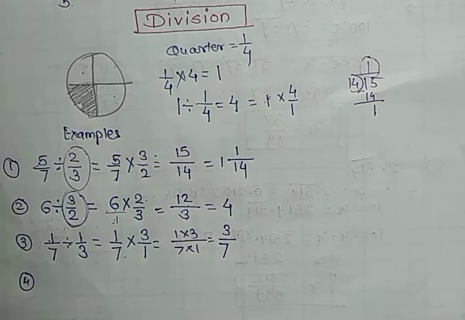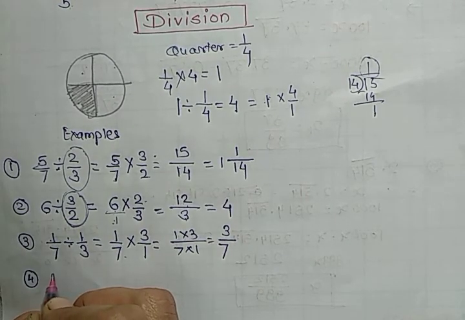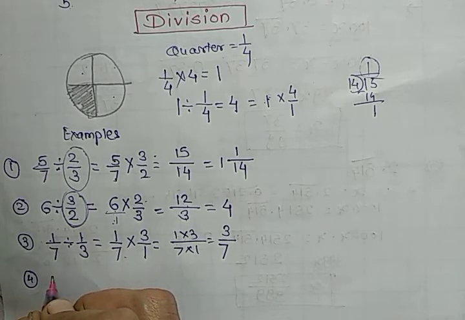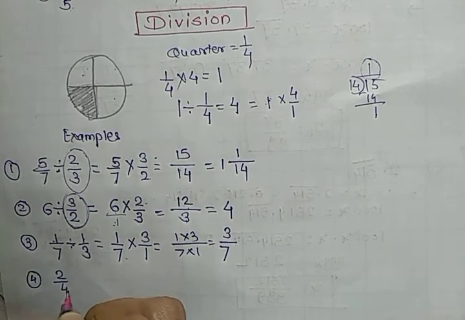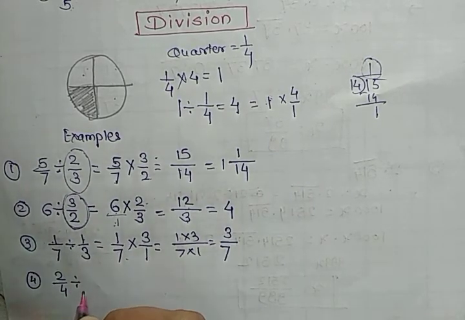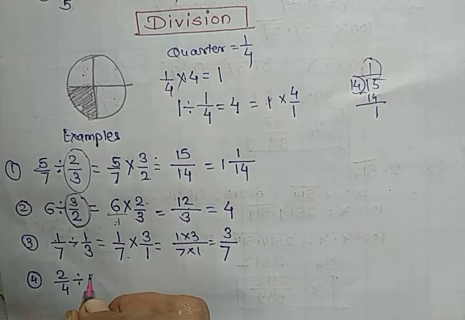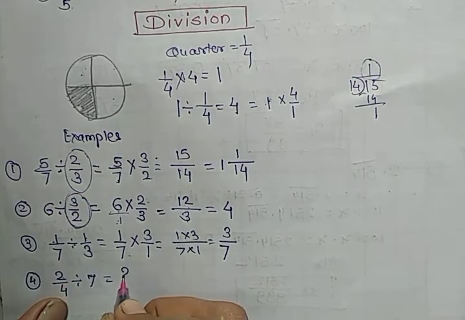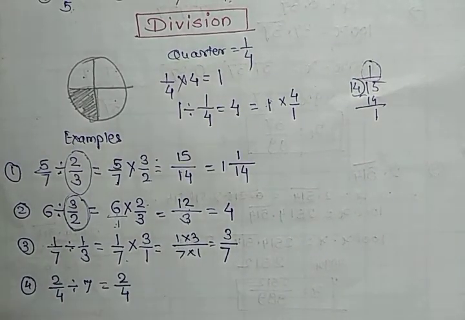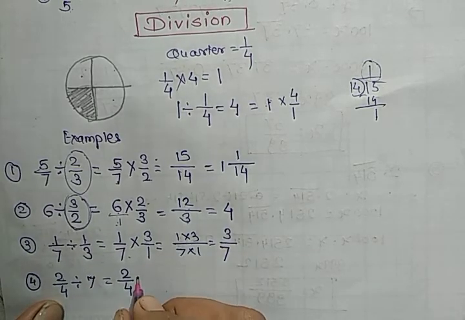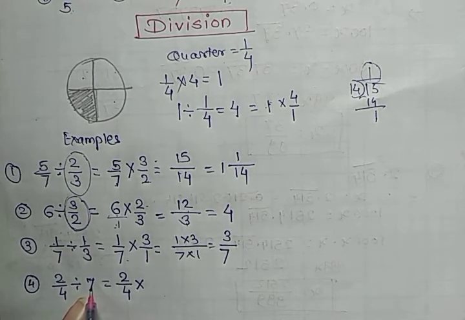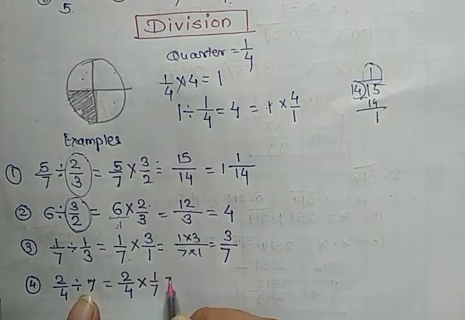Let's see the fourth example. 2 upon 4 divided by 7. First write down the first fraction as it is, that is 2 upon 4. Then convert this division into multiplication and write the multiplicative inverse of the second fraction. Here it is 7, so its multiplicative inverse is 1 upon 7.